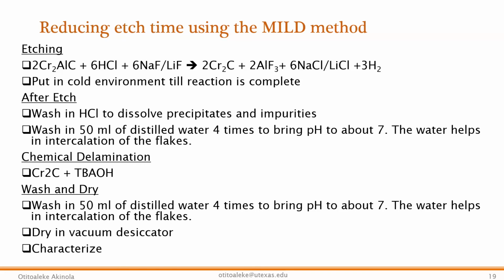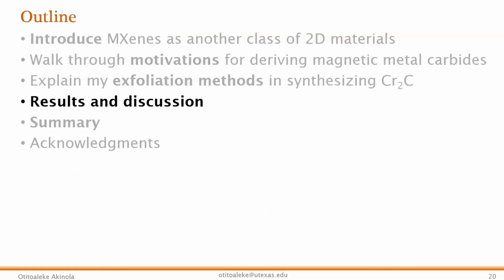The DI water helps in further intercalation of flakes. And then for the chemical delamination, I used tetrapropyl ammonium hydroxide to help with separating and intercalating the sheets further, and then washed and dried the resulting flakes, and then I characterized it.